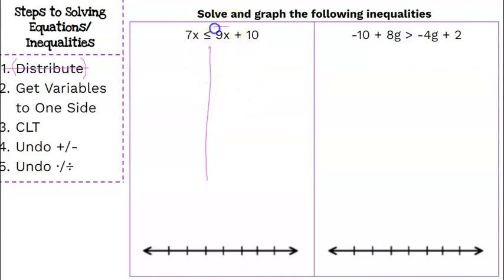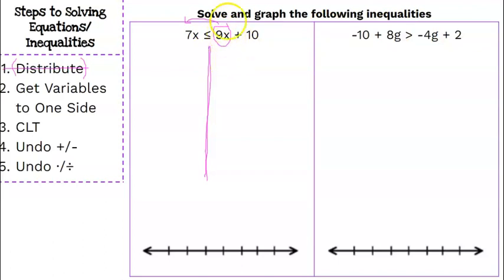So in this example, I'm going to take this 9x and I want to get it to join the 7x. Now since it's on the opposite side of the line, we have to do the opposite operation. I can't just pick up the 9 and add it to the 7x and make 16x. That's not how that works. That's not a balanced inequality or equation.